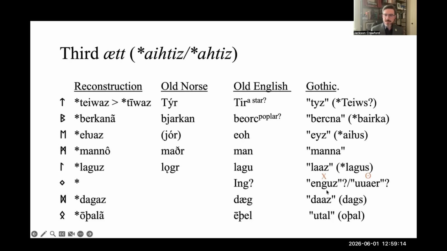Now, Alcuin does report that Gothic has a letter called Engus, which does look like the Old English rune name, ing, but do we know that that was applied to the same rune? When, for one thing, the Old English rune doesn't look like this anymore. The Gothic letter that name is used for certainly doesn't. It looks like an X, and it's only used to write, for example, the name of Christ, words from Greek that use the letter chi that look like this.